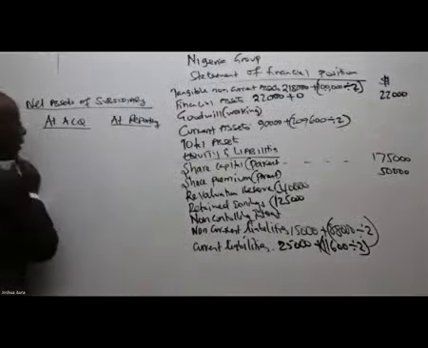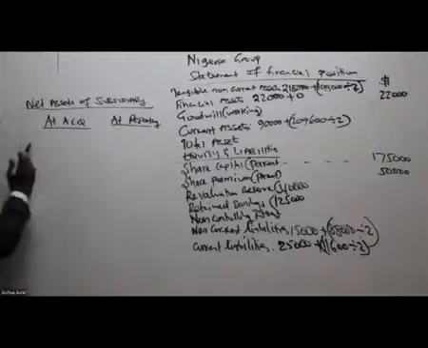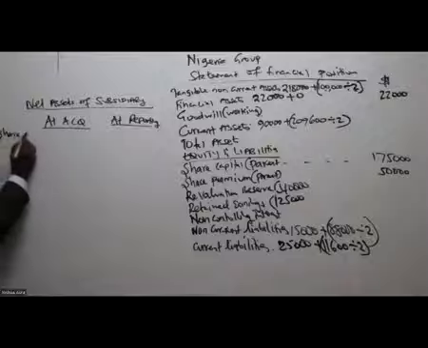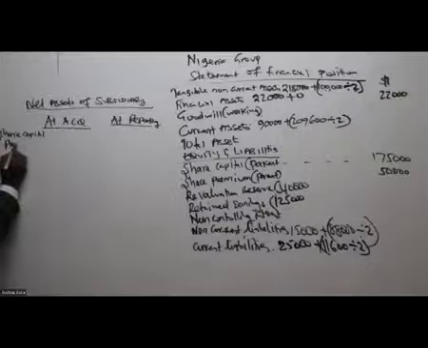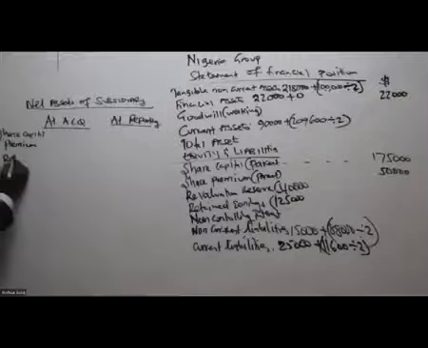The first equity component there is share capital. Then we have share premium. Then we have retained earnings.